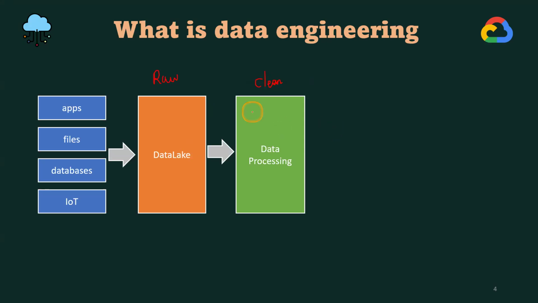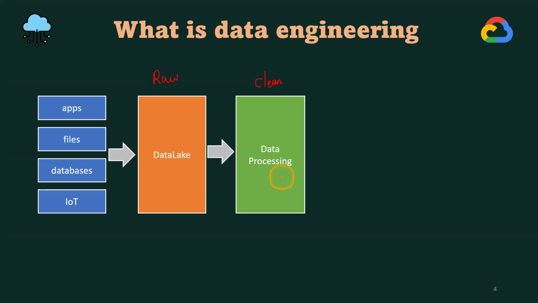Once the data is properly cleaned, we use multiple tools for the data processing. Some people use the Spark framework, some use SQL, some use Beam. Multiple frameworks and tools are there to do the data processing. I will name them in a few minutes.